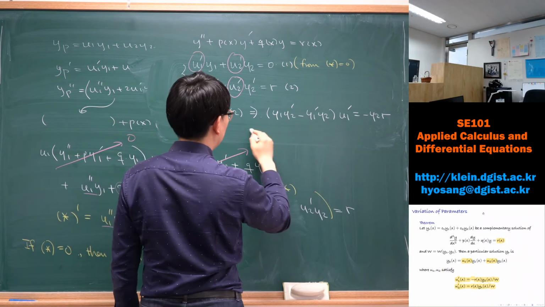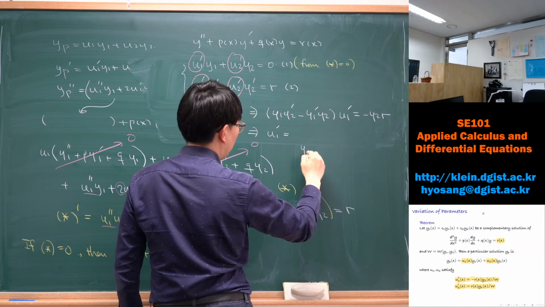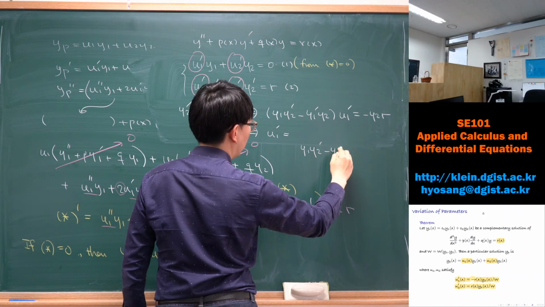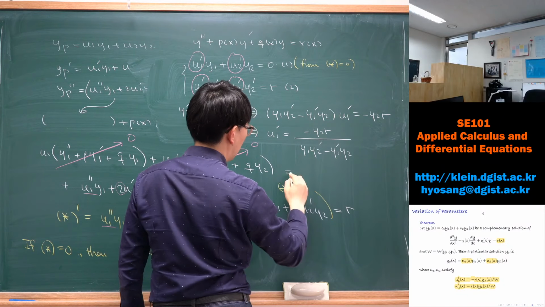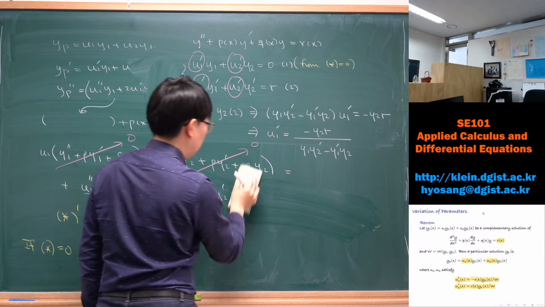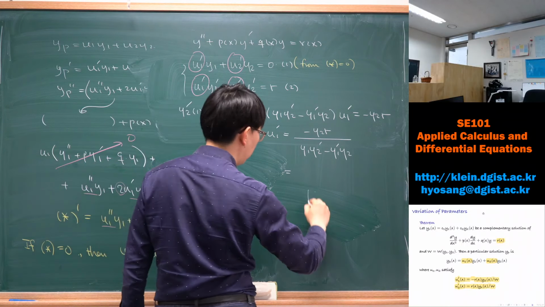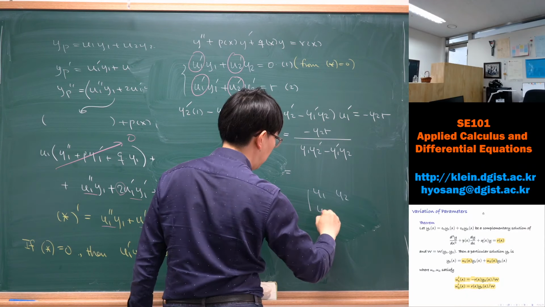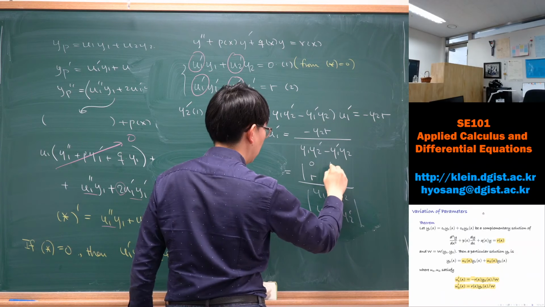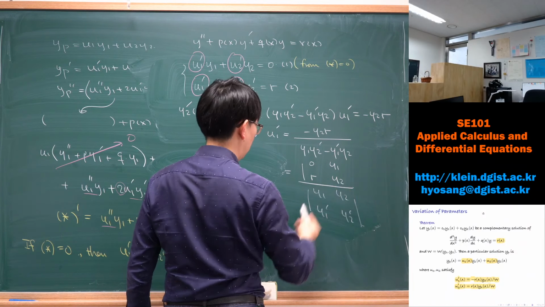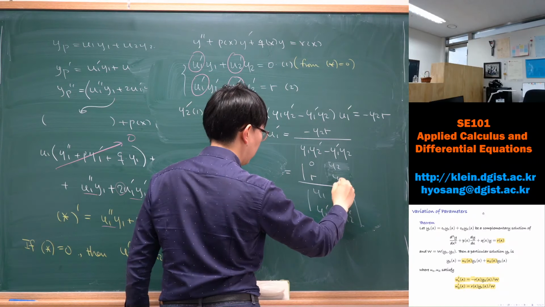Okay? So therefore, you get u1' equals minus y2 r over y1 y2' minus y1' y2. But each numerator and denominator is equal to the determinant of a 2 by 2 matrix: the determinant of y1, y2, y1', y2' in the denominator, and 0, r for the numerator with y2, y2'.